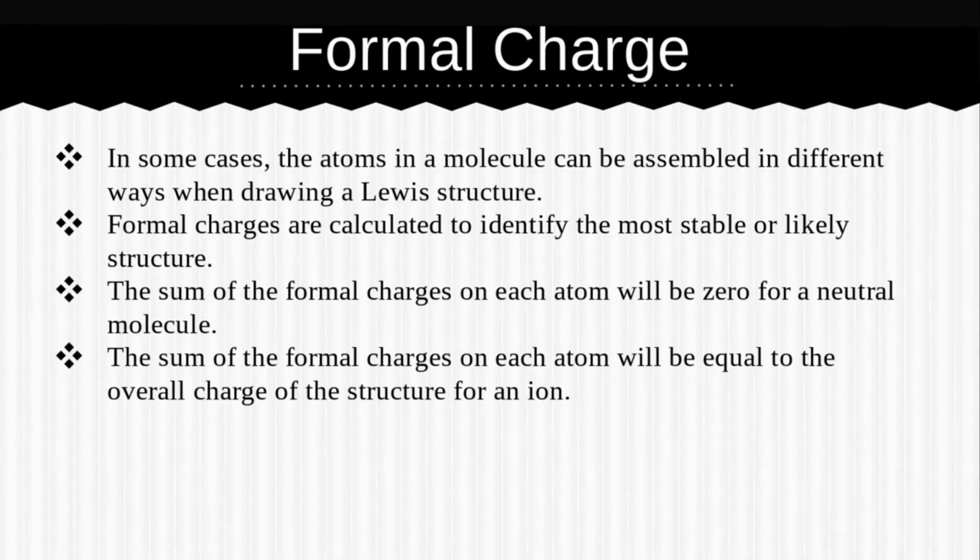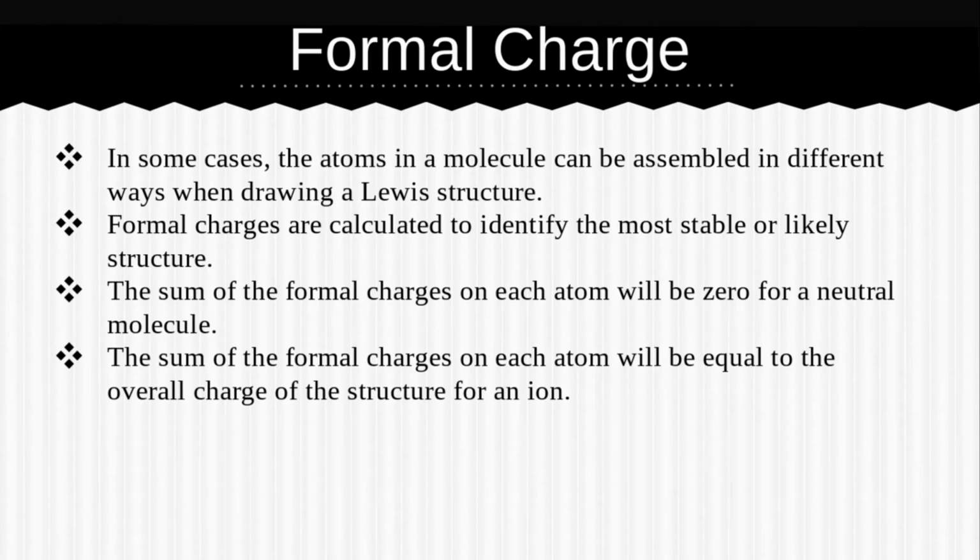So this is new. Formal charge is something we didn't really talk about much last year. In some cases, when you're drawing the Lewis structure, you'll be able to draw it in multiple different ways. This could be resonance, or it could just be different ways of putting the atoms in order, different central atoms, things like that.